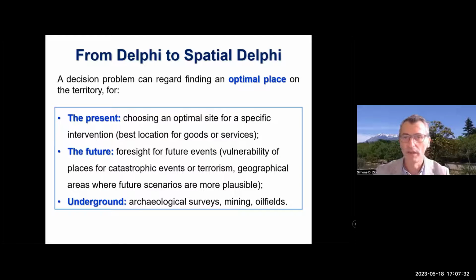To explain the Spatial Delphi, I give you some insight. A decision problem can regard finding an optimal geographical location on the territory. For example, choosing an optimal location for a specific intervention, such as the best location for goods or services. But also, in the future, we may want to find the vulnerability of places to catastrophic events or terrorism.